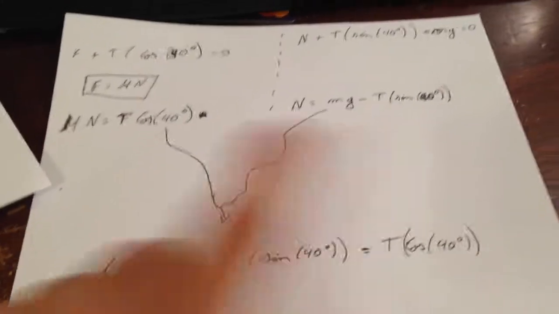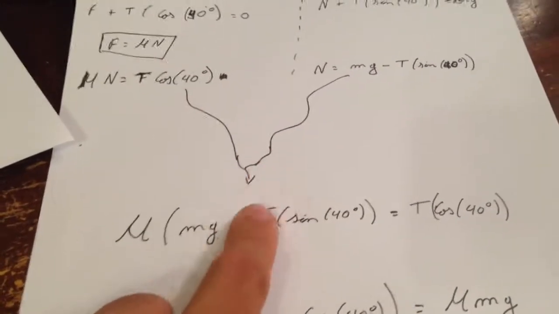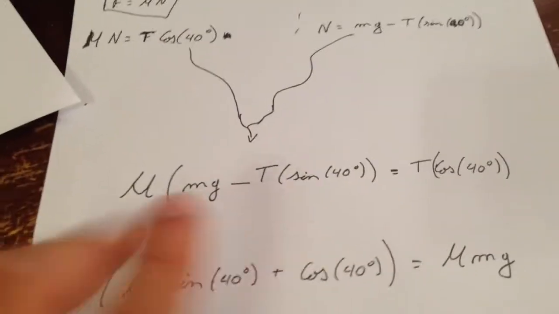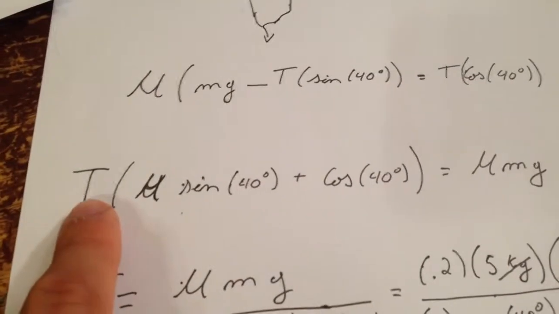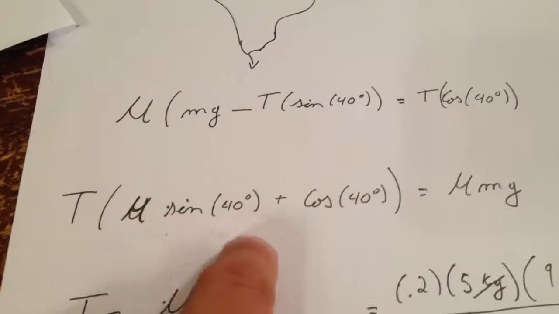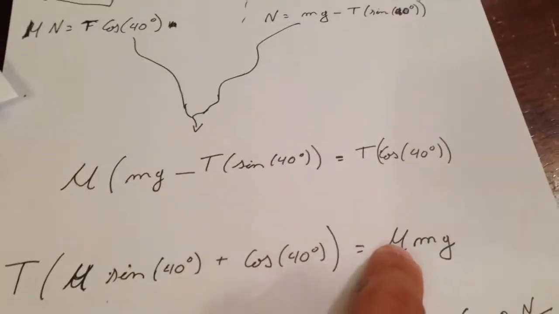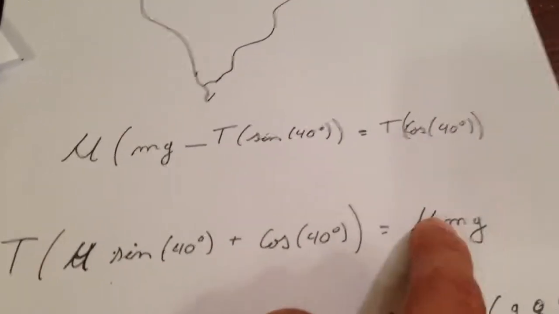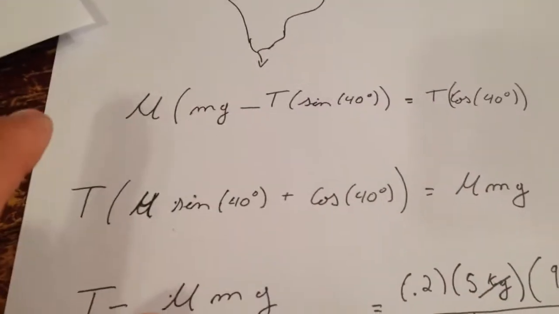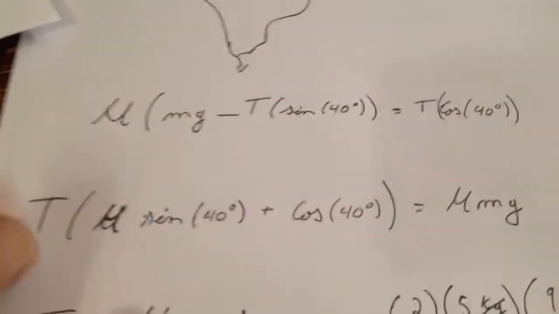Right? Now, with a little bit of algebra, I can pull this T out. So I skipped the algebra part, but we're going to have something like this: T times (u sine 40 plus cosine 40) equals the friction coefficient times m and g. Now, T is what I want, because T is the tension.